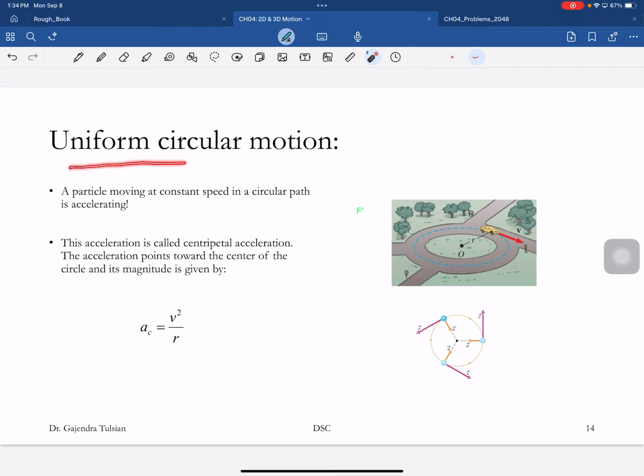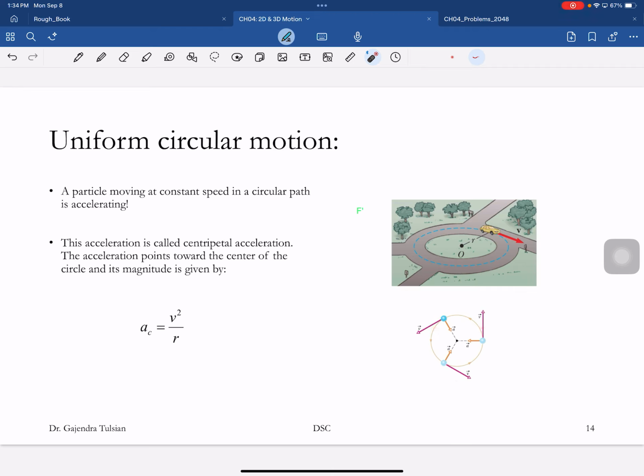Now we'll consider uniform circular motion. You're going in a circle, and uniform refers to your speed being uniform, meaning constant. So you're going to drive around in a circle at constant speed. This shows your velocity vector, and as we keep saying, your velocity vector is changing even though its magnitude is not changing.